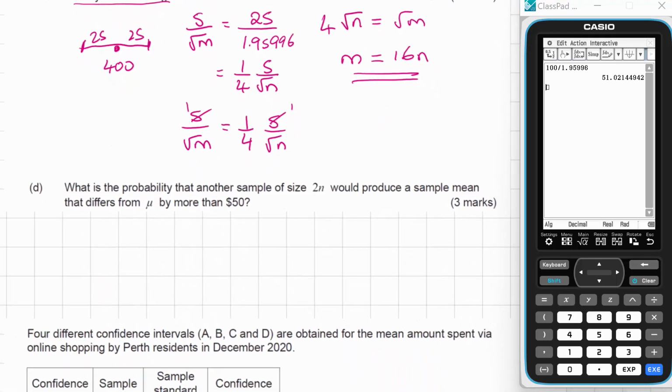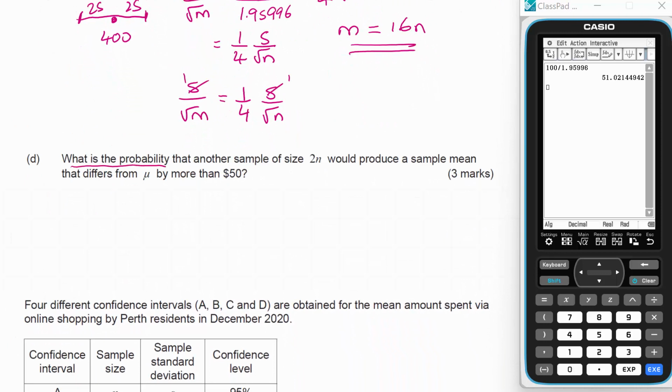What is the probability that another sample of size 2n would produce a sample mean that differs from mu by more than 50? Well, we know that x bar is a normal with a mean mu and a variance which is s squared over 2n.